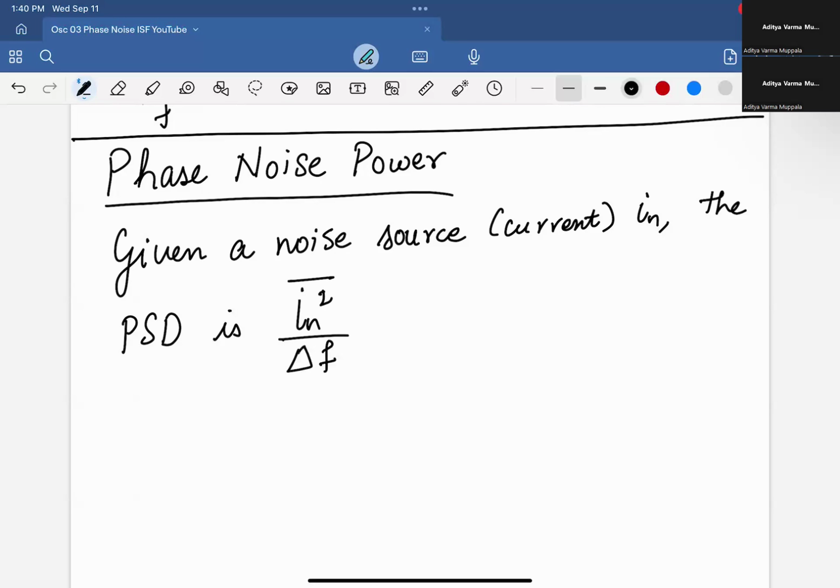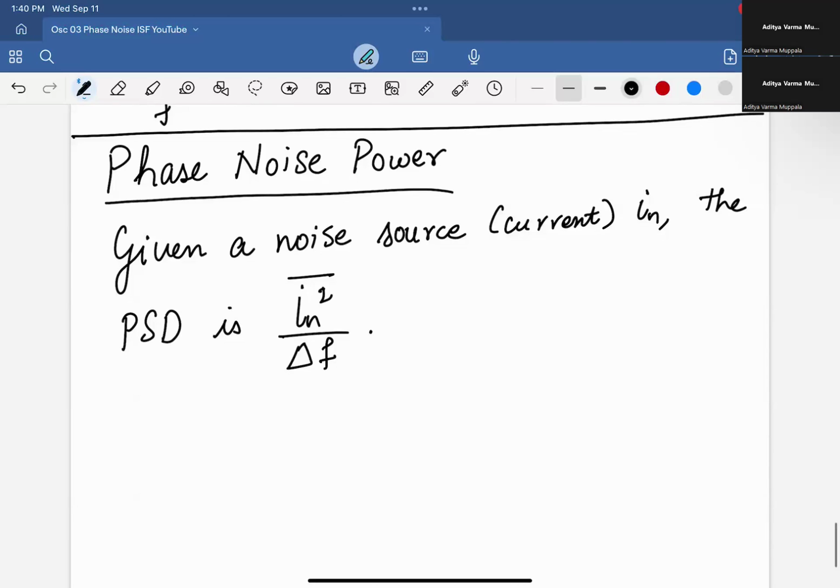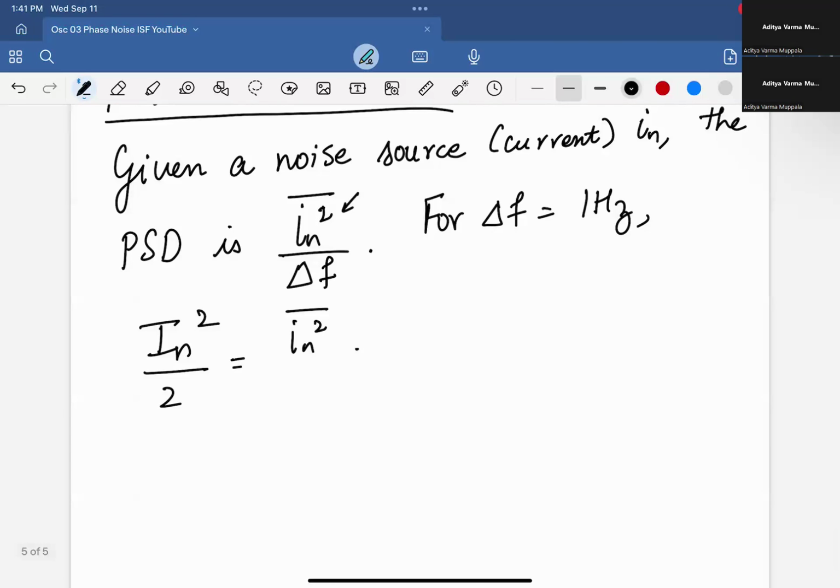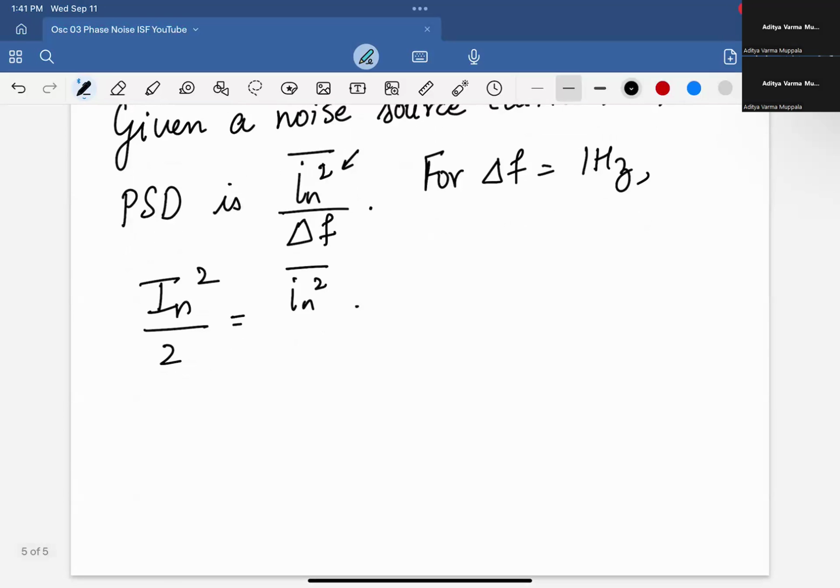We'll cover noise maybe in a different video, but this is the power spectral density. It's not the RMS value, this is the variance divided by delta f. So for delta f equal to 1 Hertz, since In is the peak value, In squared over 2 is equal to i_n squared bar. So we can substitute In squared with 2 times small i_n squared bar in the above equations.